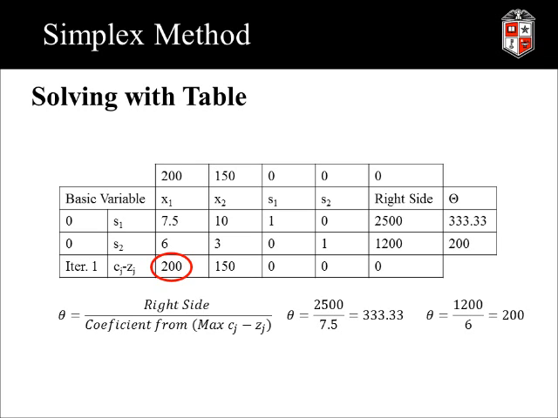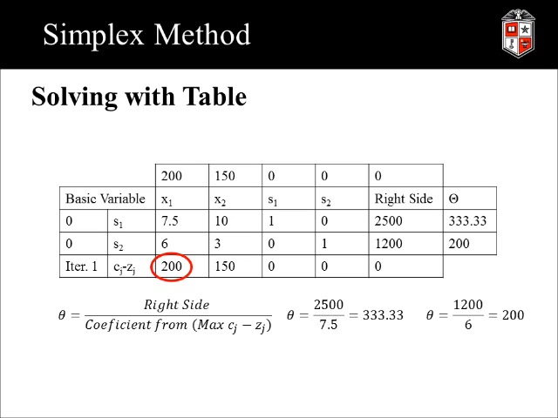From this row, we have to select the maximum value. In this case, you can see that the maximum value for iteration 1 is 200. Then we have to divide each of the values in the right side column by the coefficients in the column with the maximum value for the iteration.